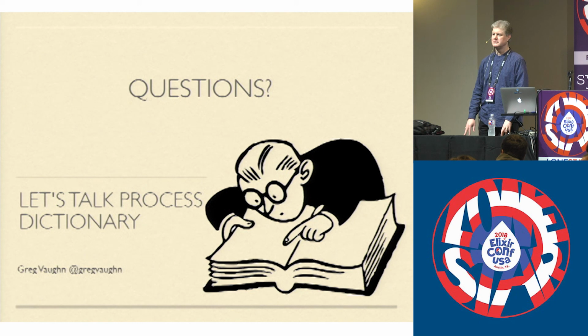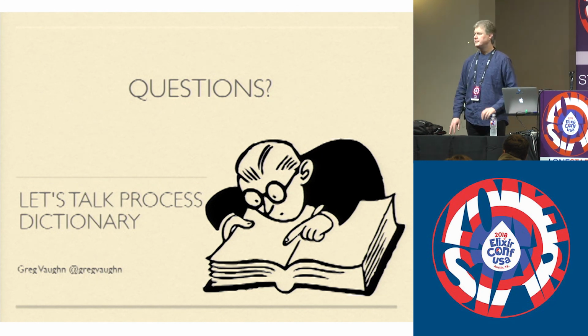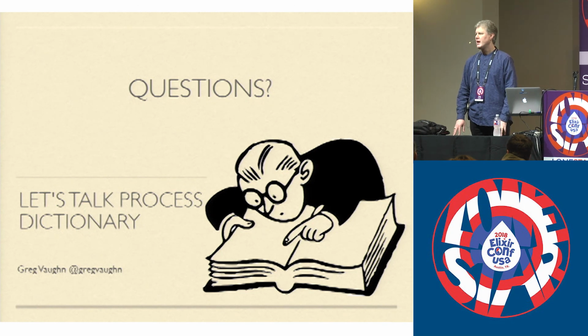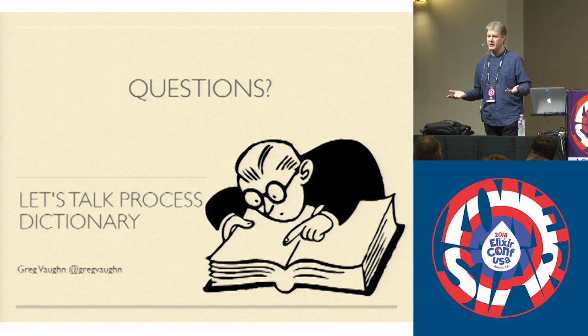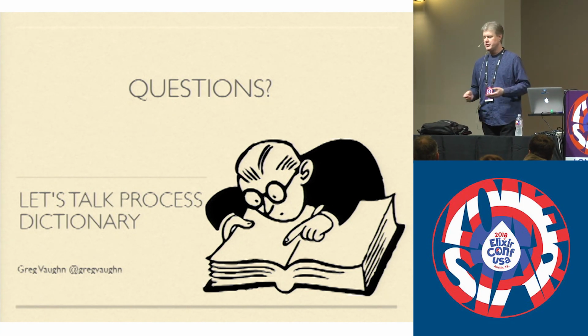Can you give an example of when we might prefer using the process dictionary over creating a new ETS table or creating a GenServer to contain the state? I can't put a hard and fast rule on it. I can throw in my example that I did with a CSV file. My whole point was just to process this CSV file.